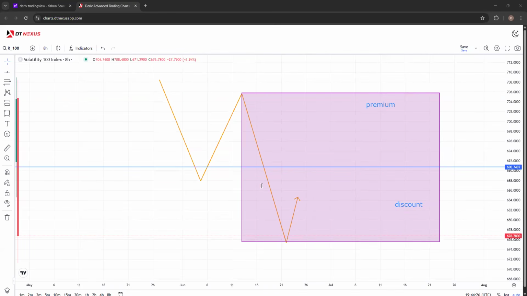Now, if I'm selling, I want you to see this. I'm selling when price is expensive, not when price is cheap. Why? Because now I am in a downtrend, meaning that from any point, I'm expecting price to give me a high and then sell off and go down.